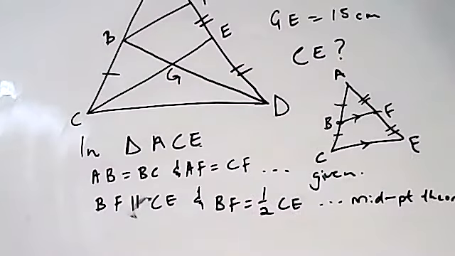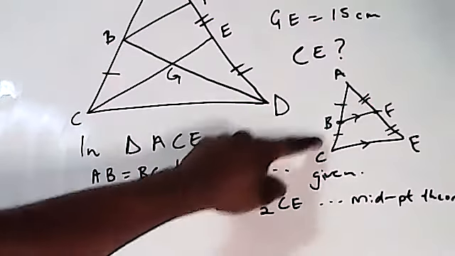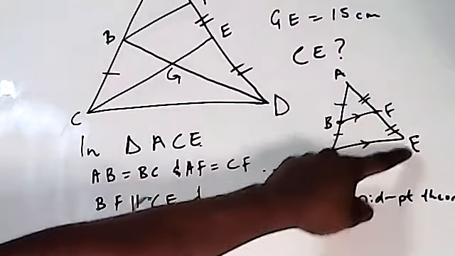Anyone who's lost? No one. Can you please re-explain? All right. We are saying that we have AB and BC which are equal, and we have AF and FE which are equal.